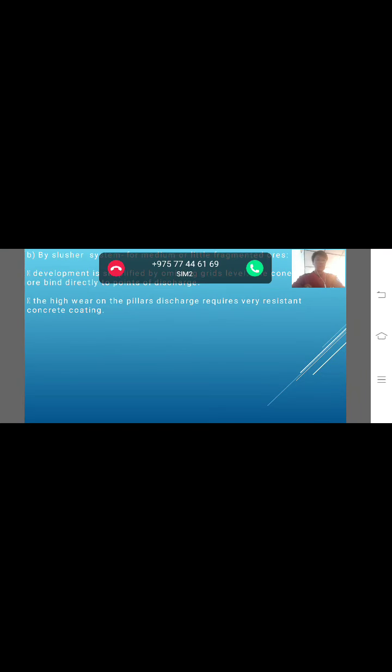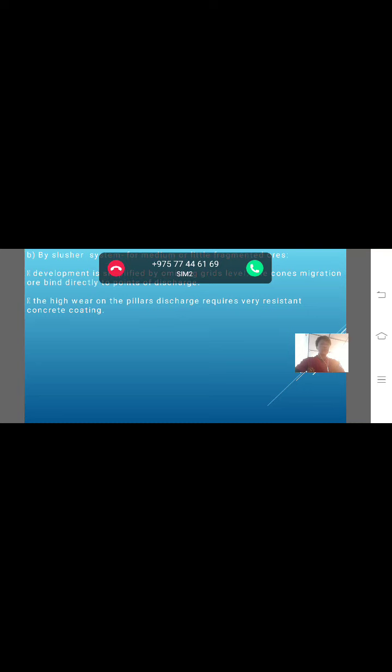Number two, the slusher system, for medium or little fragmented ores. Development is simplified by omitting the grizzly level. The cones of ore migrate directly to the points of discharge. The high wear of the pillars at discharge requires a very resistant concrete coating.